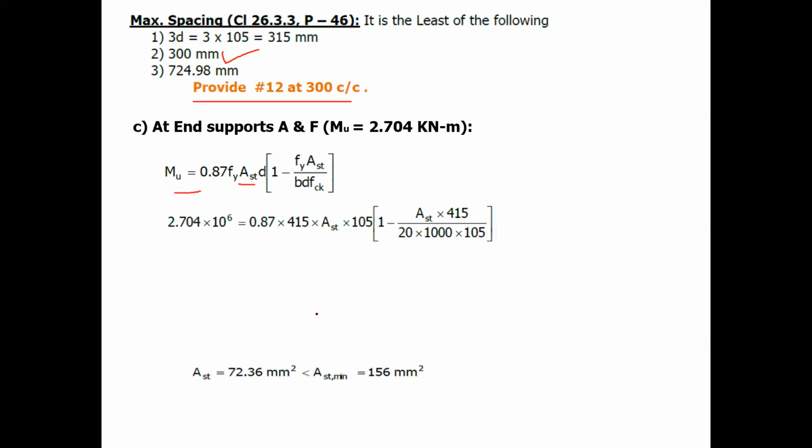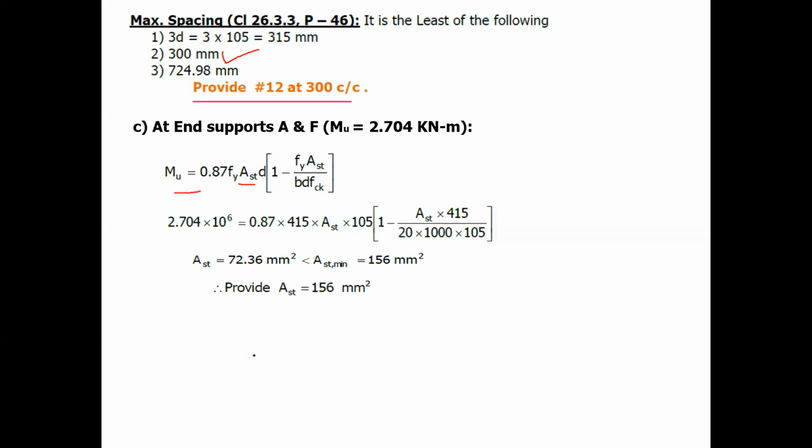72.3, right? So which is less than AST minimum, right? Yes, sir. So what you have to do now? If it is less than AST minimum, consider the AST minimum. Yes, take down. Therefore, provide AST minimum is equal to 156 mm square. Okay, so after this, you have to calculate the spacing. So spacing of 12 mm dia bar is equal to small AST by capital AST into 1000. So calculate the spacing.